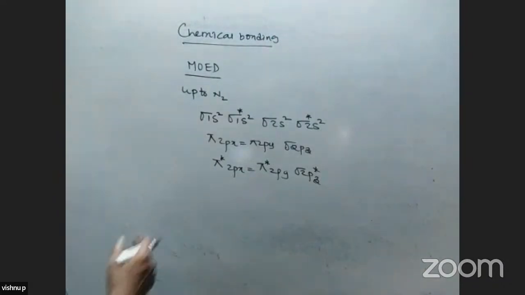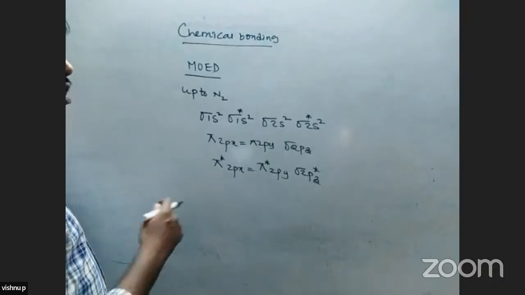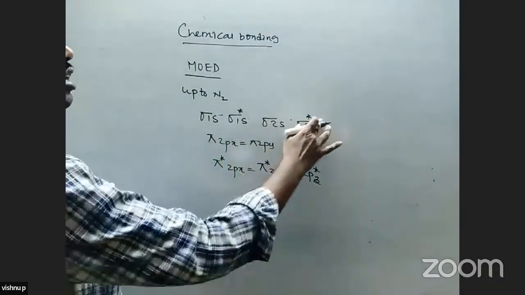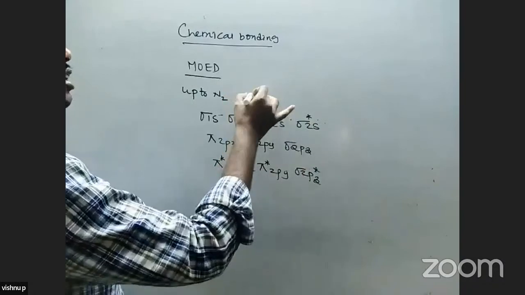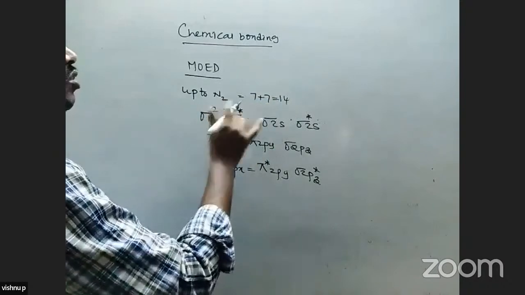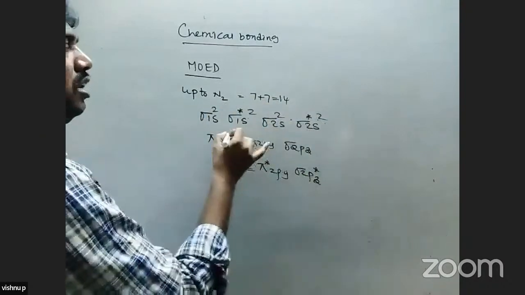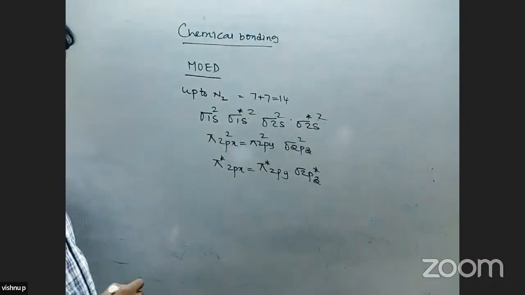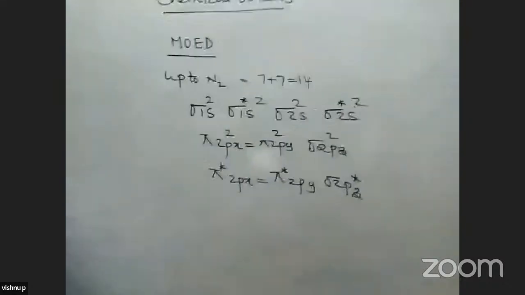Up to 14 electrons, we follow this electronic configuration. For nitrogen, the total electrons are 7 plus 7, that is 14. Here 2, 4, 6, 8, 10, 12, 14. From this we can find the bond order.